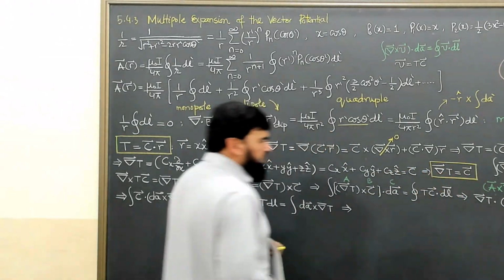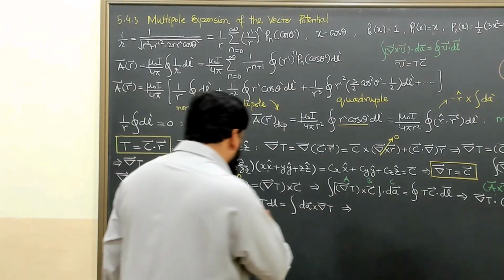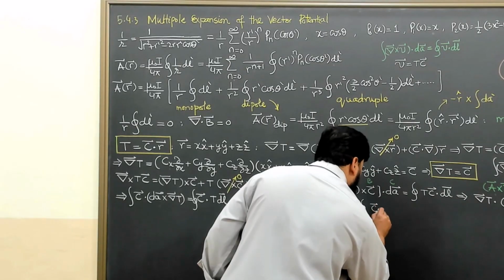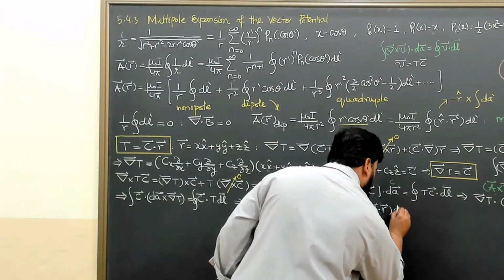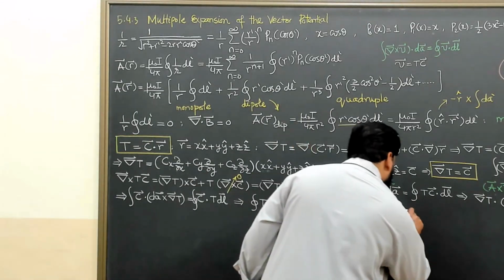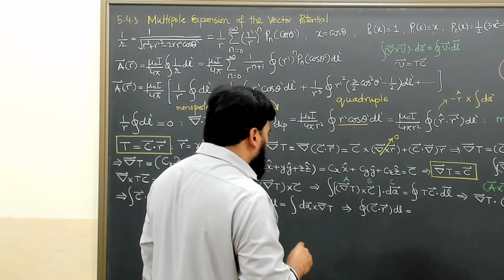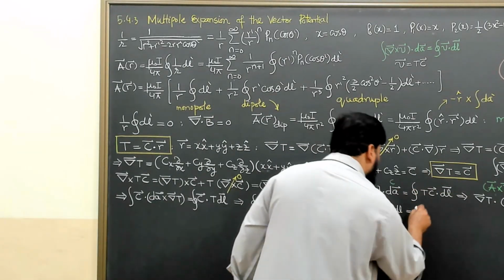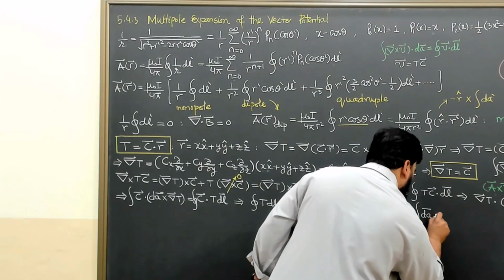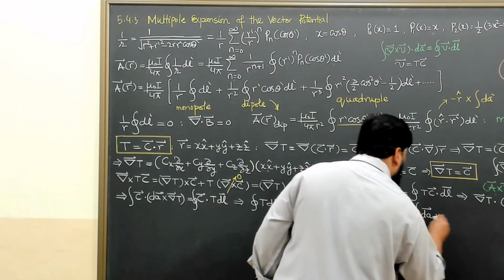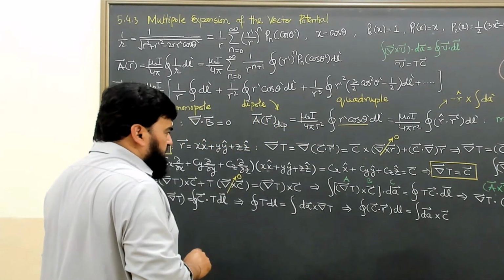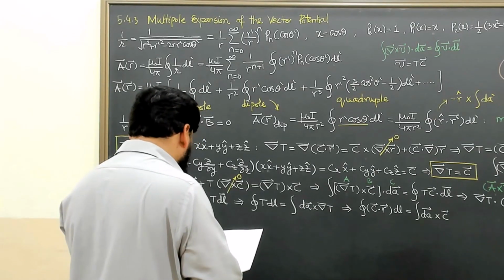Gradient of T is C. So I can rewrite this: the closed path integral of C dot r dl is equal to dA cross gradient of T. And gradient of T is C, so we have this thing equal to dA cross C.